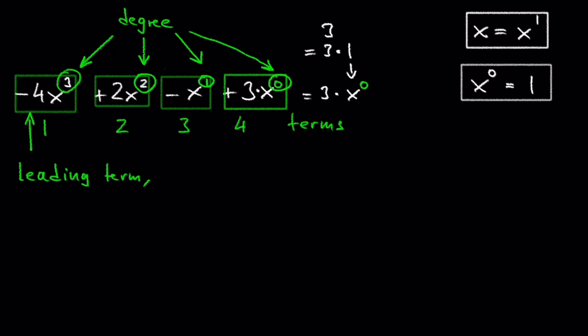So the degree of the polynomial negative 4x cubed plus 2x squared minus x plus 3 is 3.